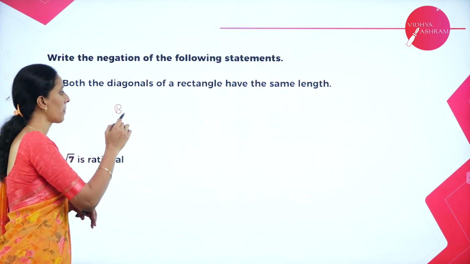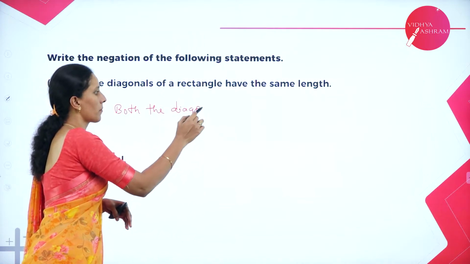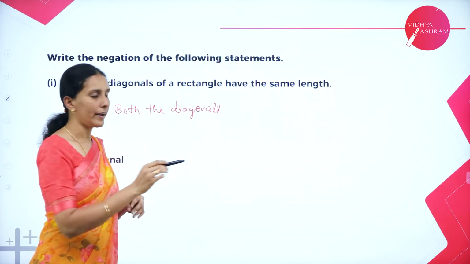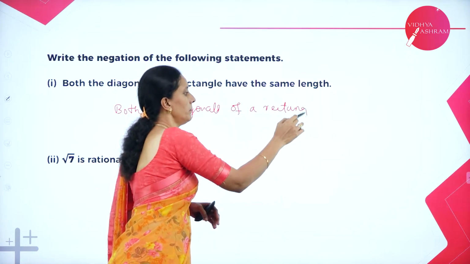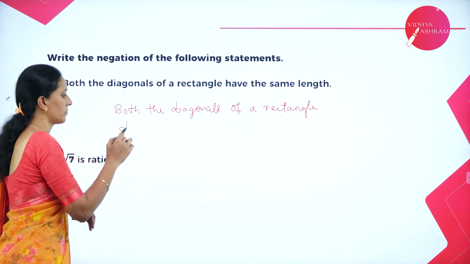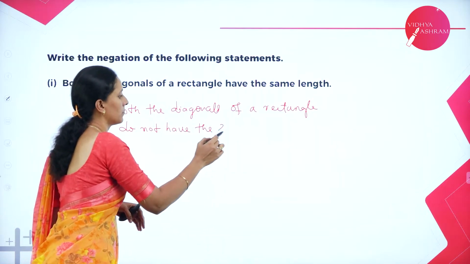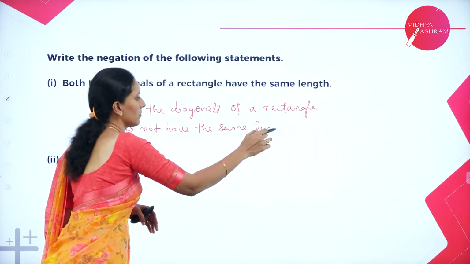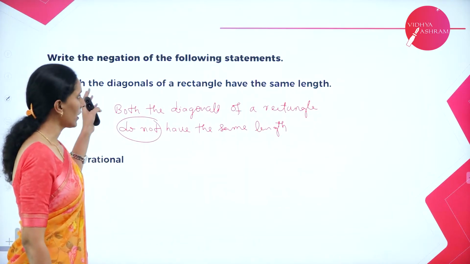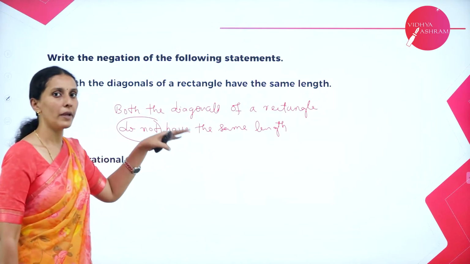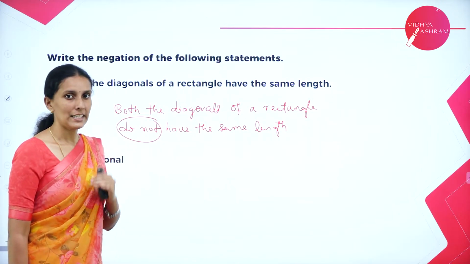We will write: both the diagonals of a rectangle do not have the same length. So we are using "do not" here to negate the statement. The given statement is a true statement, but we are making it false. That is how negation helps us to negate the statement.